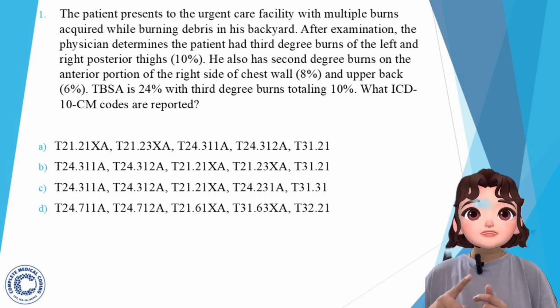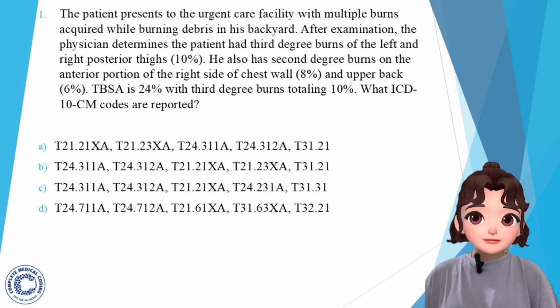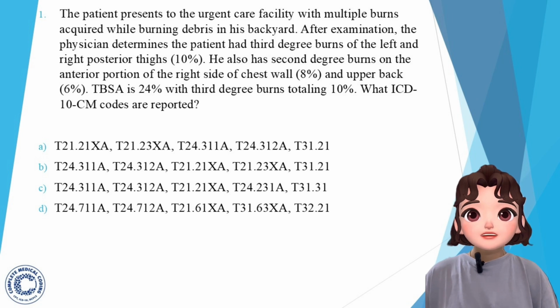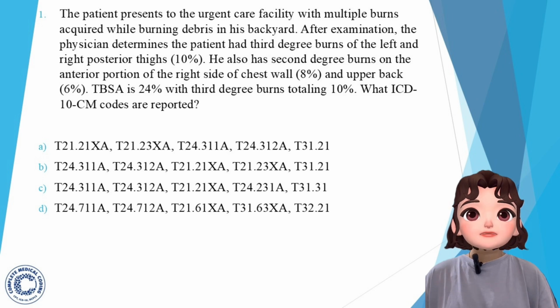Third-degree burn of left thigh, third-degree burn of right thigh, second-degree burn of right side of chest wall and second-degree burn of upper back. Total body surface area is 24%: 10 plus 8 plus 6, 24% is the TBSA with third-degree burns of 10%.